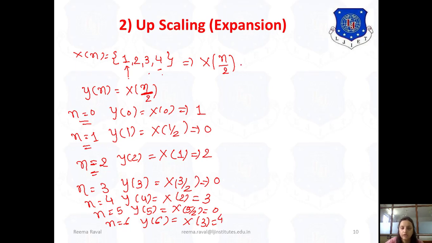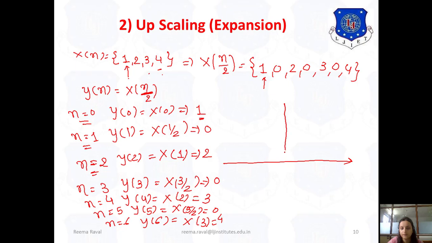So what we have got over here is x of n by 2 equal to 1, 0, 2, 0, 3, 0 and 4, right? Here the arrow will be at the 0 position. So how can we plot this signal?